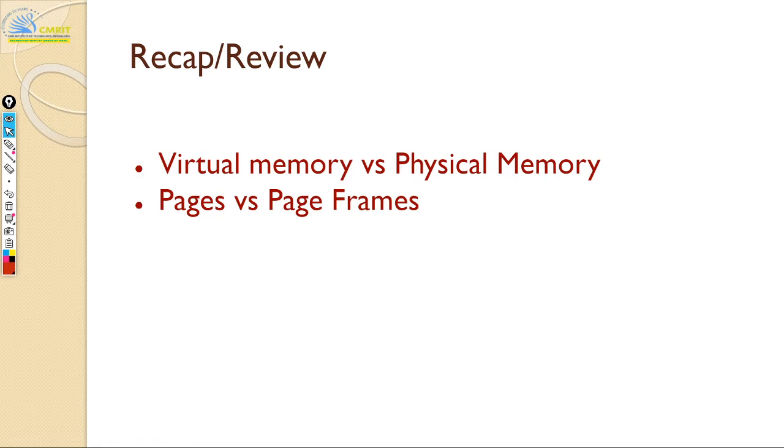When you say pages, it refers to virtual memory, and a page frame is the same size as your page, but it will be in your physical memory. So you can copy the contents of your pages to your page frames directly. It will just exactly fit your page.